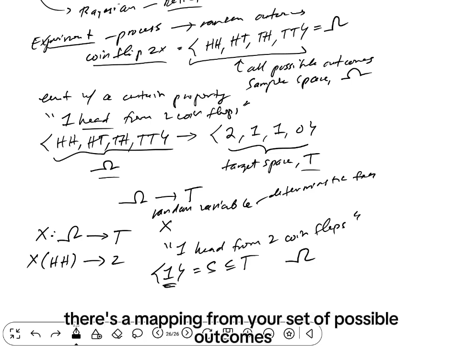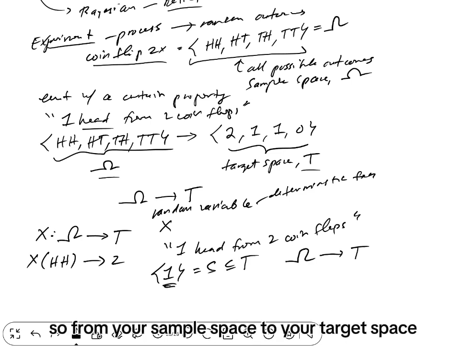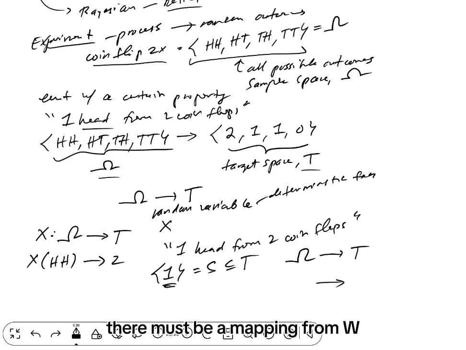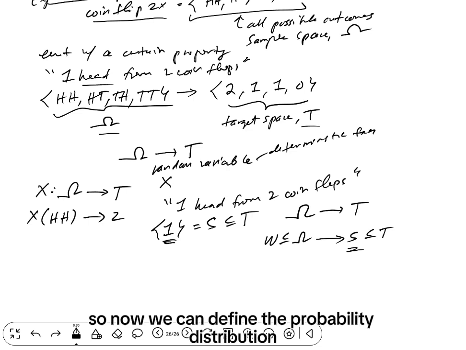Therefore, if there's a mapping from your sample space to your target space, there must be a mapping from W, which is a subset of your sample space, to S, which is a subset of your target space, and S is what we care about. So now, we can define the probability distribution.